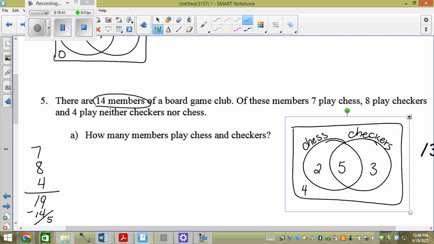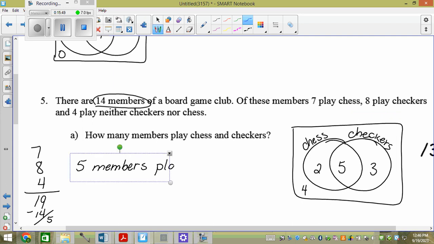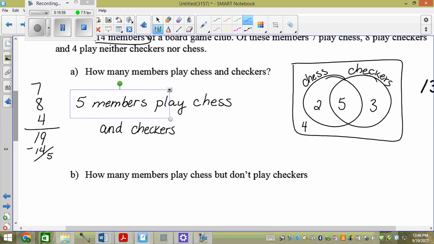So here it says how many members play chess and checkers? 5 members play chess and checkers. We always want to write everything out. B says, how many members play chess but don't play checkers? 2. How else could they say this?